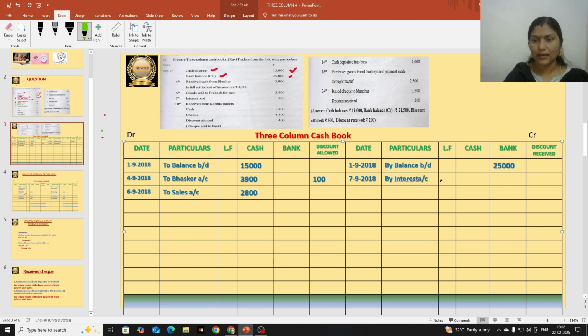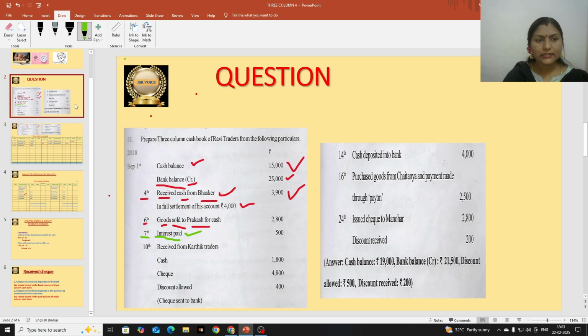Okay, interest account. And where will we put the amount? They did not say anything. Okay, then we are going to record in cash column. If it is check, clearly they will mention in the transaction check. Then we will put the amount in bank column. If nothing is mentioned, we can assume that it is paid by cash only. So let us record in cash column 500 rupees. Okay, let us go and discuss the next one.